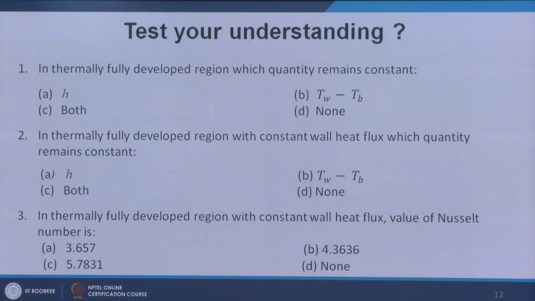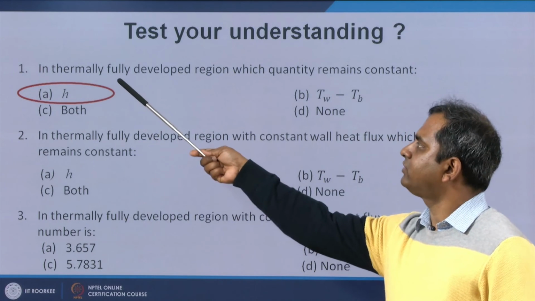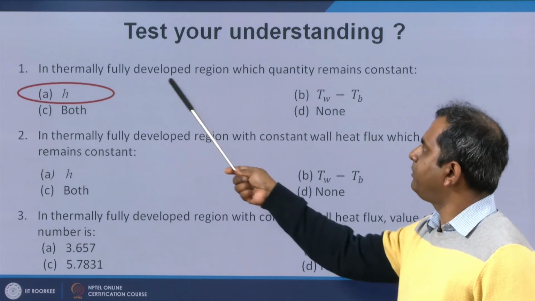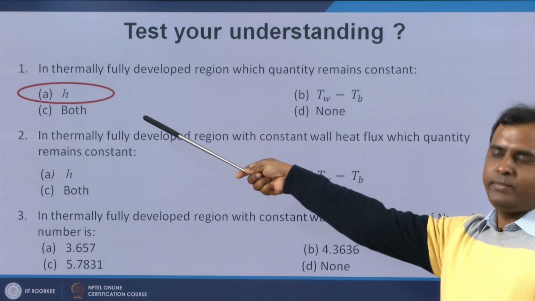We have elaborately discussed this in this lecture. The correct answer is H. H remains constant for the thermally fully developed region. Whenever heat flux remains constant, some other features also come into picture, but for the thermally fully developed region only, H will remain constant.